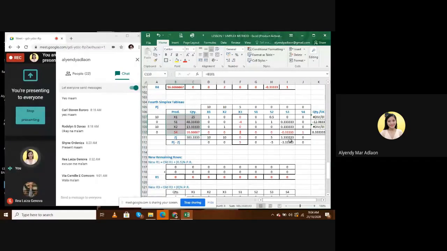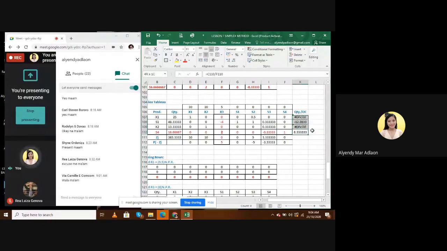So, makita na nato kung mao na ba jud na ang last tableau if kung lantaw nato diri wala nay positive nga nabilin. Ay sorry. No, not here, but this one here. Okay, kani. O, lantaw nato nga dapat wala nay positive nga nabilin.